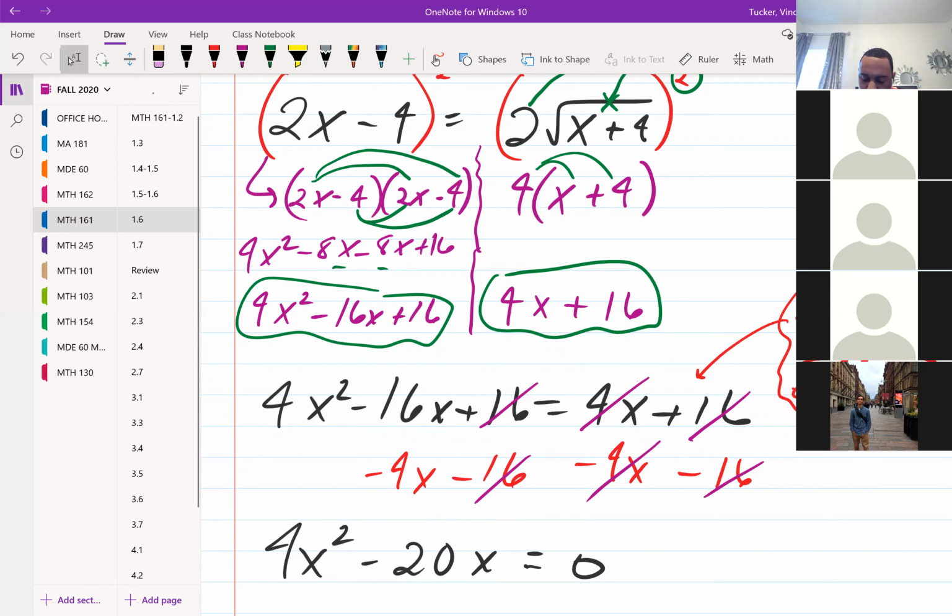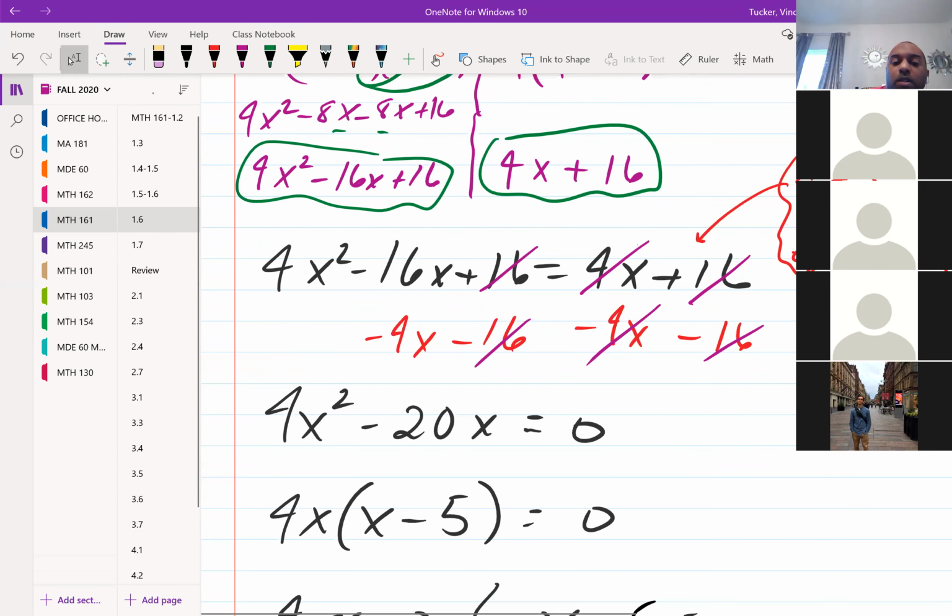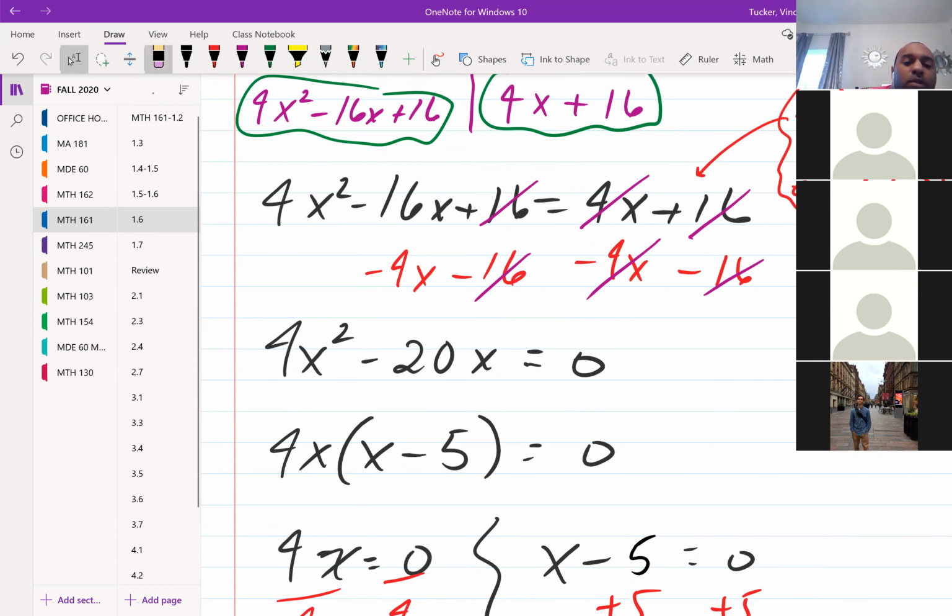All right, any questions? All right, so we can factor now. I factored out 4x from each term. So that's 4x times x minus 5 equal to 0. Set each part equal to 0.